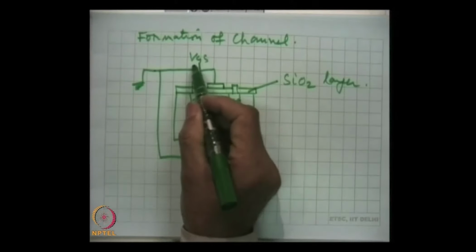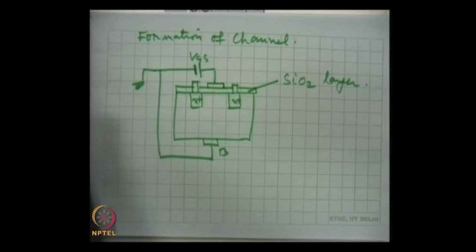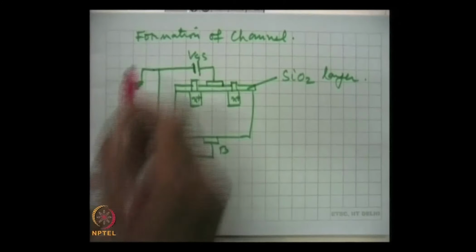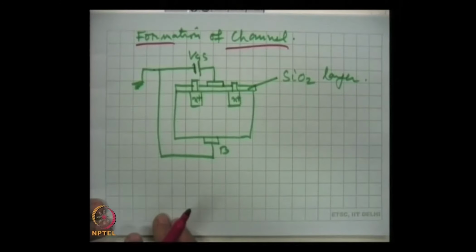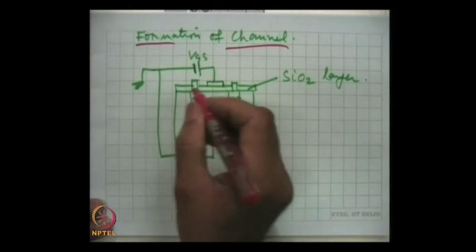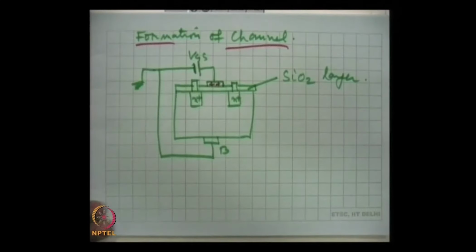So, this establishes a positive voltage. Now, with the positive voltage, what will happen? This is interesting and important, how a channel is formed by the positive voltage at the gate terminal. The positive voltage will give rise to positive charges on the gate electrode.